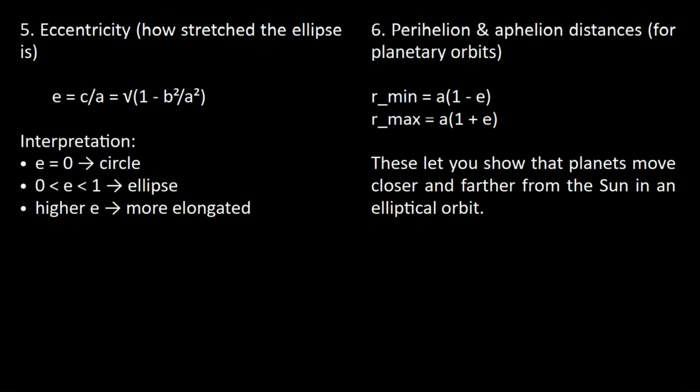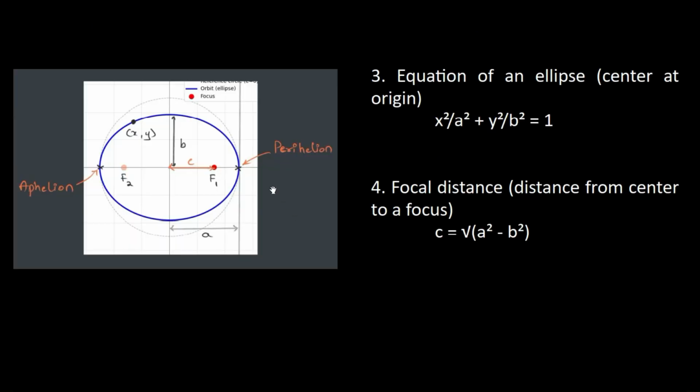Then what else? Eccentricity: how stretched the ellipse is. And mathematically it's this. If it's 0, it's a circle. Anything in between, it's an ellipse. The higher the E value, the more elongated it is. Oh yeah, this is what I missed. Perihelion, aphelion. You get this in geography also. Oh, I marked it wrong. Oh no, it's correct.